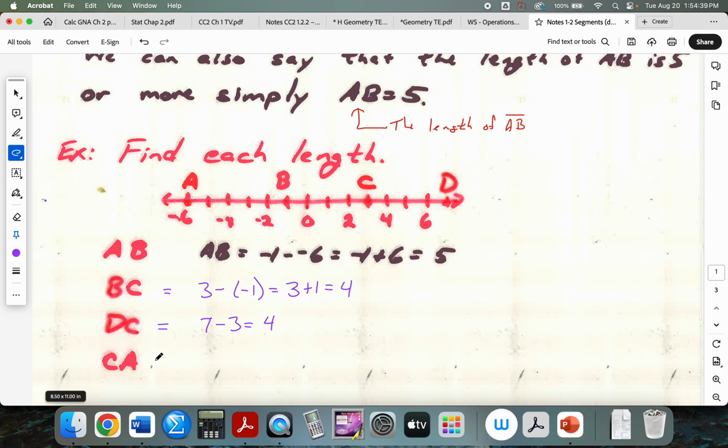And then the length of CA, C is at 3, minus A is at -6. That's 3 plus 6 is 9. And now I think you see why I did a review of subtracting and adding with integers yesterday, because you're going to be doing a lot of that.